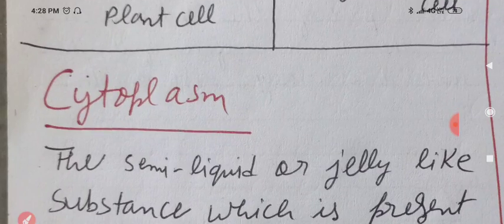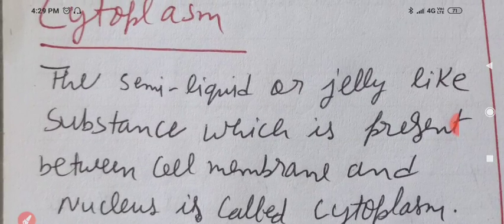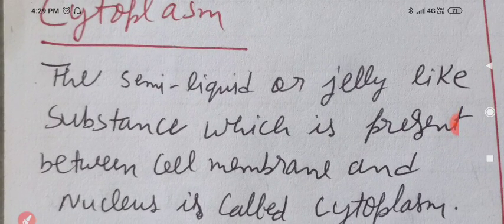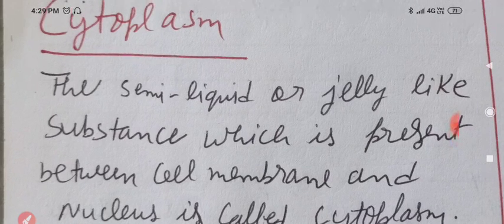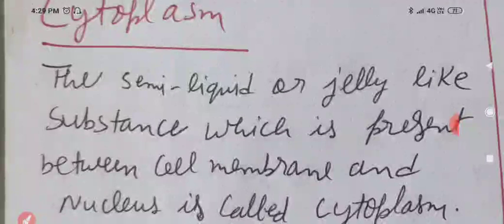Next, we have cytoplasm, my dear students. Write down the definition of cytoplasm. The semi-liquid or jelly-like substance which is present between the cell membrane and nucleus is called cytoplasm.